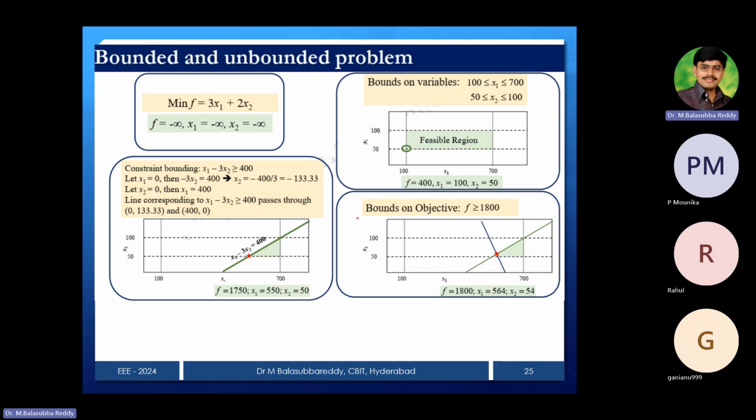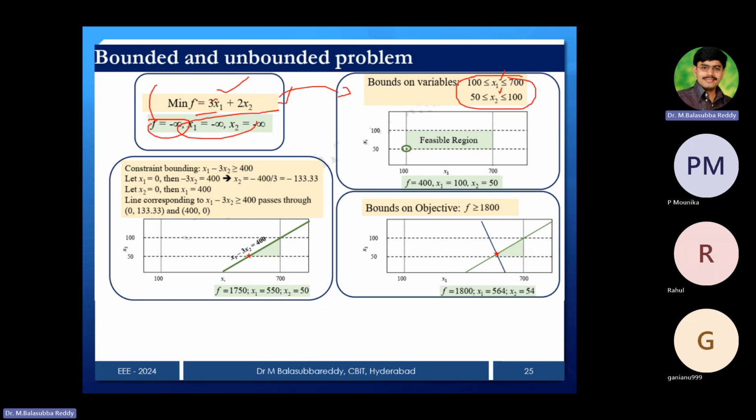Now, one problem we can see: minimize a function f, where the f value is given, and x1, x2 are also given. Let us assume another case where the x1 boundaries and x2 boundaries are mentioned.